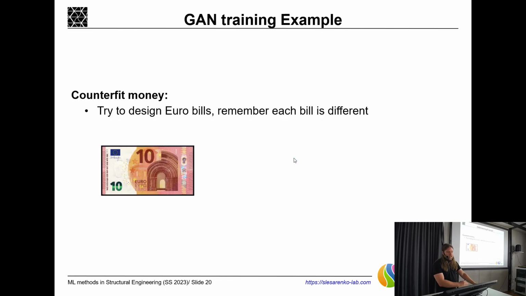So let's have the most common example of how this training works, which is often compared to counterfeiting money. We have our generator that tries to design 10 euro bills. Remember that each bill is usually a little bit different. There are different serial numbers on them, and they may be a little bit wrinkled or whatever. But that doesn't really matter that much right now.